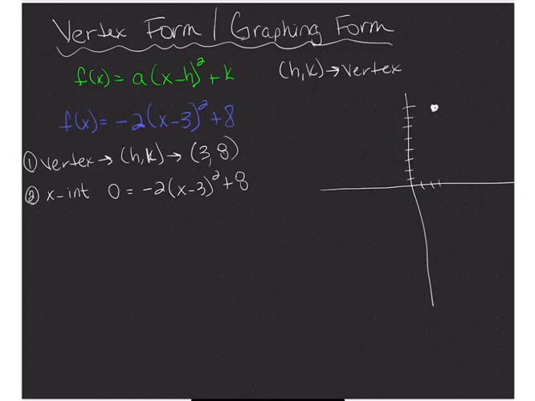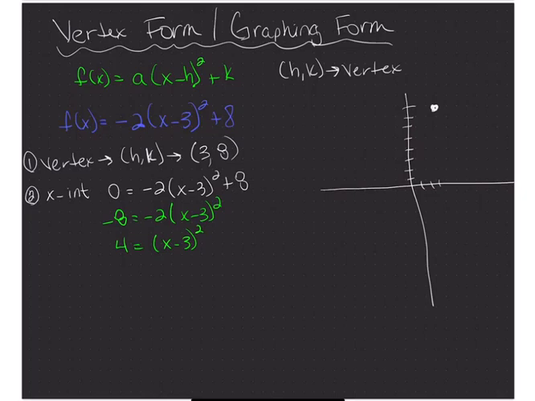We can just do some algebra to figure out what our x-intercept is. We've got to get x by itself, so I'm going to subtract 8 from both sides. I'm going to get negative 8 equals negative 2 times x minus 3 squared. I want to get rid of my negative 2 out front, so I'm going to divide by negative 2. I'm going to get 4 equals x minus 3 squared.